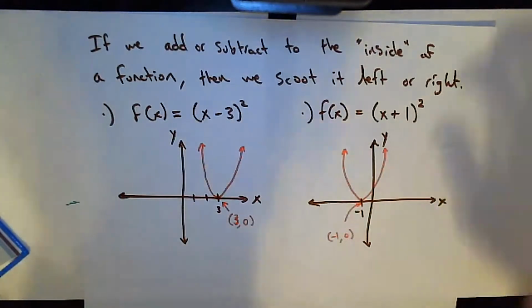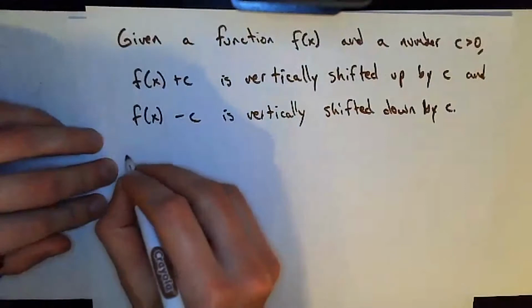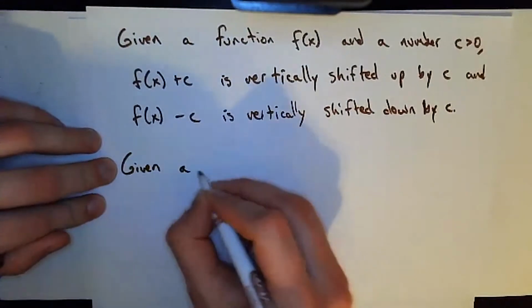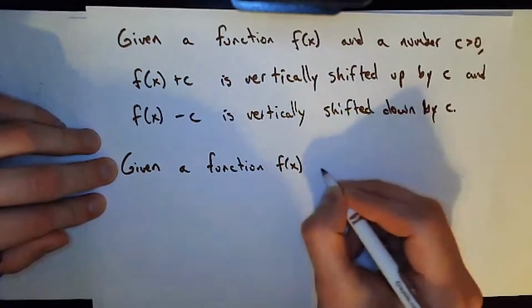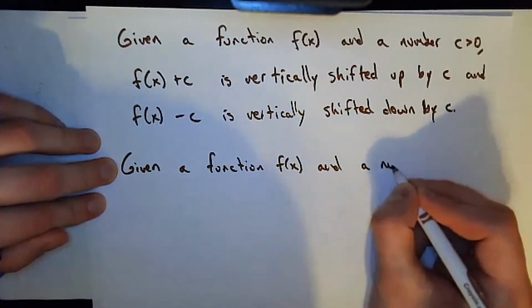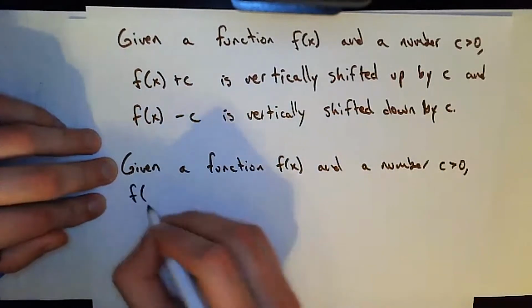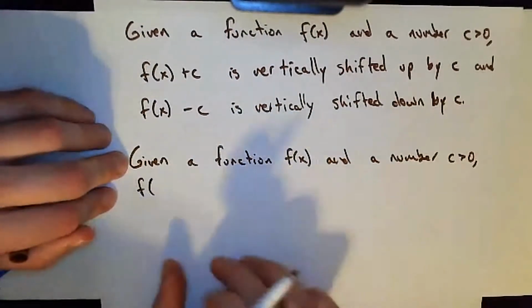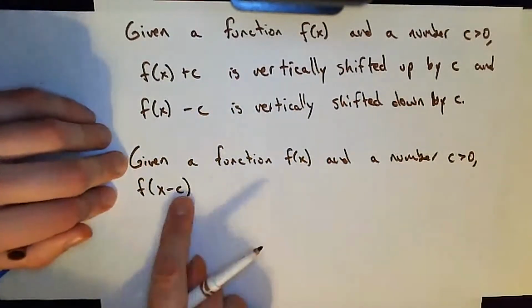Okay, I'm going to write down the technical rule, and then we're going to do some examples on paper together. It's going to kind of mimic this rule. In fact, I think I'll just write it on the same page. How do I notate something being added or subtracted inside? Well, I literally put it inside like that, inside the function.